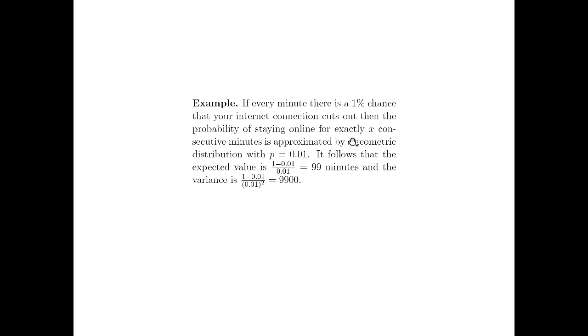So, for example, if you have an extremely dodgy internet connection and every minute there's a 1% chance it cuts out, then how long would you expect to stay online? Well, this is going to be a geometric distribution, because we're interested in the number of, see here, failure and success is sort of backwards, right? We're interested in the number of minutes of uptime before the first cutout.